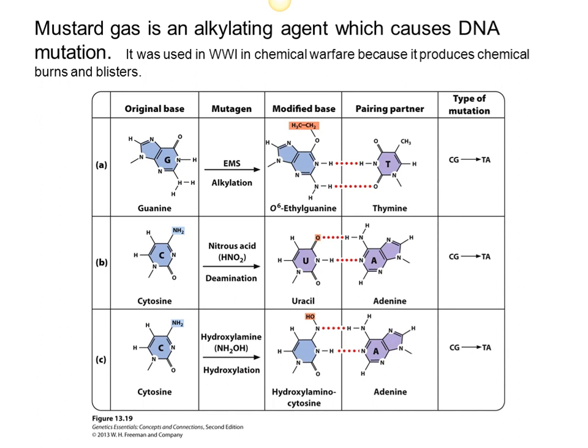It also is a mutagen, though, and so what they found is that 40, 50 years later, those same individuals who were in the battle not only got these burns, but they also ended up with certain types of cancer because it mutated the DNA in their cells.